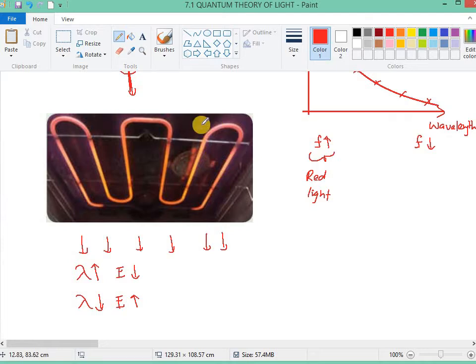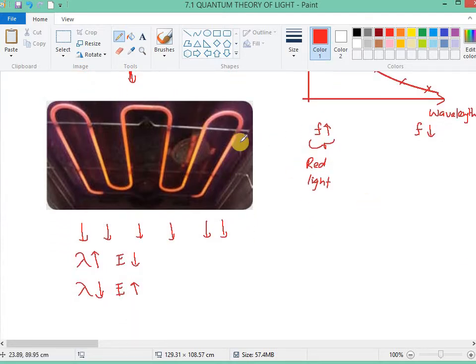Get the idea? The majority of the energy produced by this heating element goes to electromagnetic waves with higher frequency. When I say higher frequency, I mean red light, orange light, and yellow light.